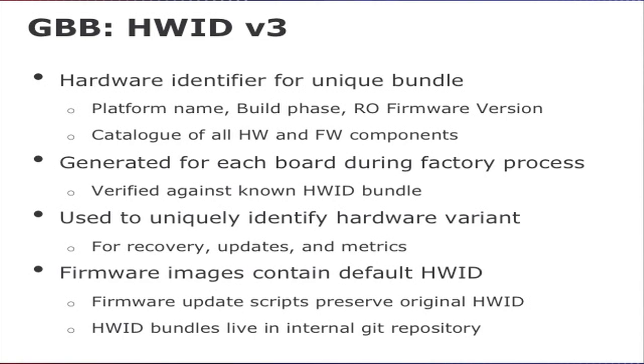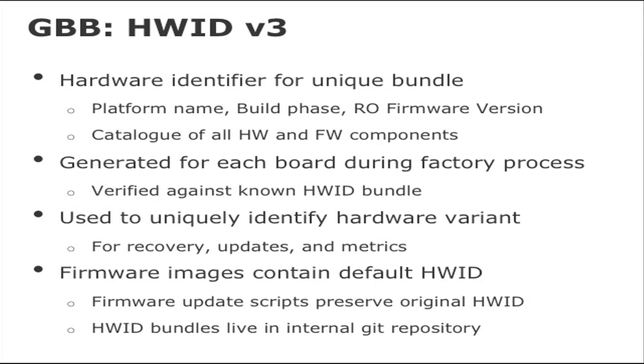So the hardware ID, this is something that allows each system to be uniquely identified. It's not a new concept. Basically, we take various information about the system during the factory time. Some of it includes the build phase, if we're in EVT or DVT, the read-only firmware version, and then a catalog of all of the hardware and firmware components that have been found during the build process.